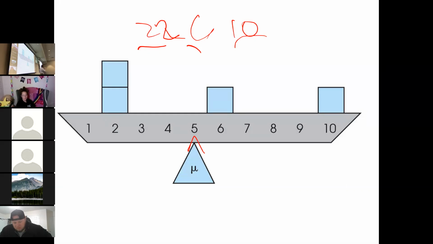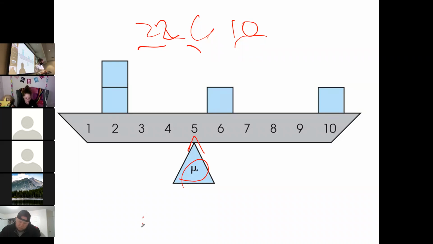So I showed you alphanumerically how we depict the mean: sum of x, sigma x over big N. But this lowercase, what looks like a u, is our mean.